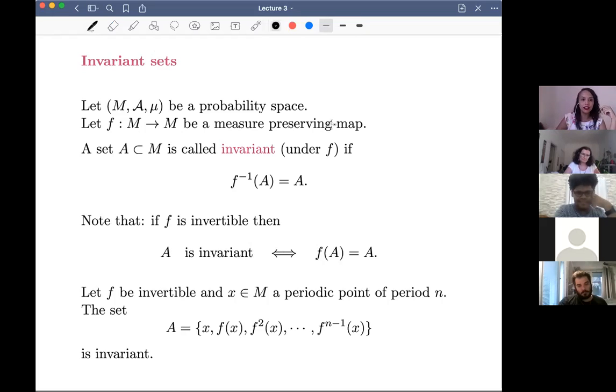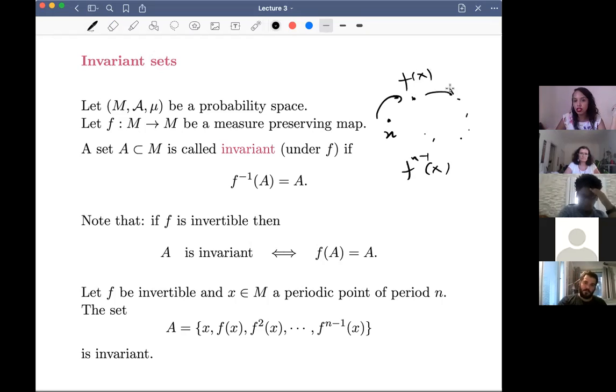If I apply f, this goes to this point, and this goes here. The set just rotates. Applying the map on A just rotates the order of your points in the set, but that's it. It doesn't change anything. So this is an example of an invariant set: the orbit of periodic points.